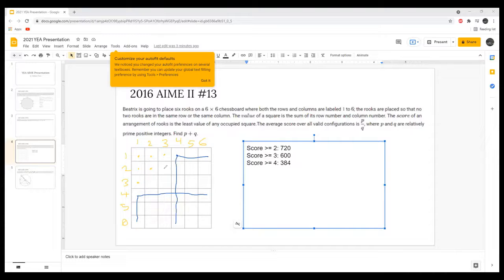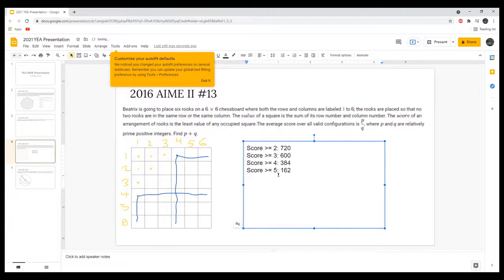And then for the 2 rooks here, there were 3 choices in this row and 3 choices in that row because you couldn't place rooks in this or here. So there were 9 choices to pick the first 2, and 9 choices to pick the second 2, and then there's 2 choices to pick the final 2. So that means the number of configurations with score at least 5 is 9 times 9 times 2, which is 162.